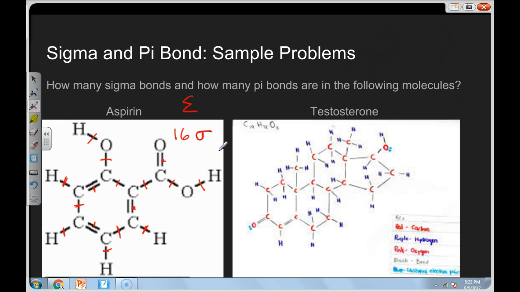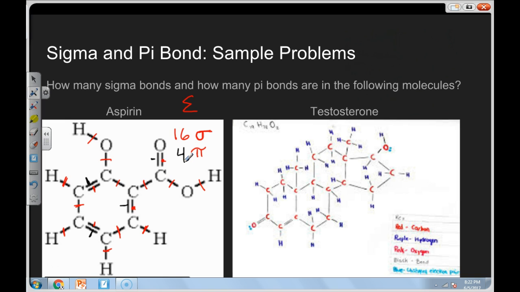Now we have to count pi bonds, and it's a lowercase pi, which has the wiggly top. I'm going to use the black marker because you'll be able to see it here. So now we have 1, 2, 3, 4. So we have 4 pi bonds. Wow. I would love to go through this whole big structure, but you can see it's a little blurry.